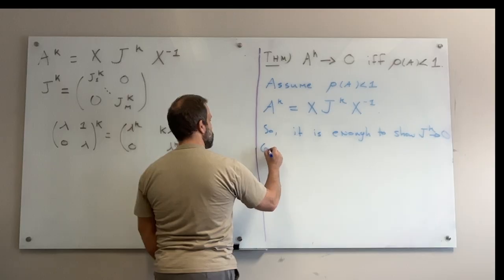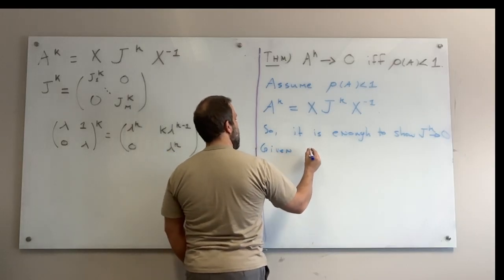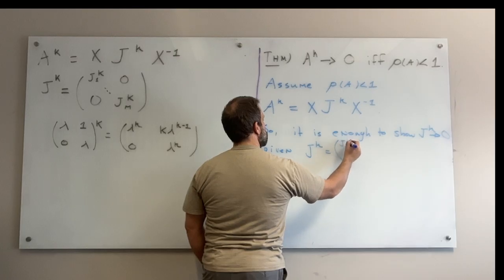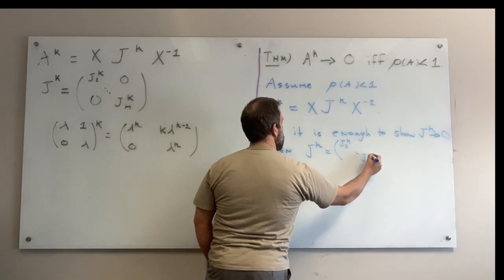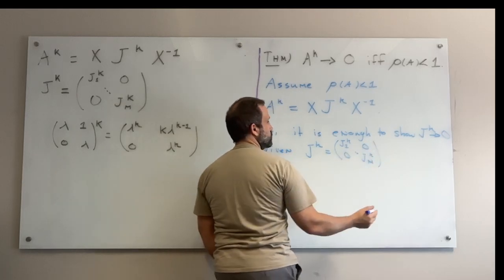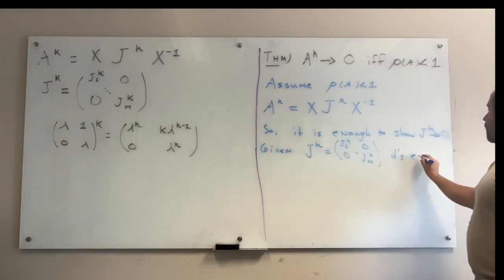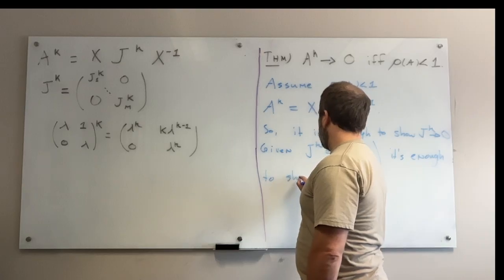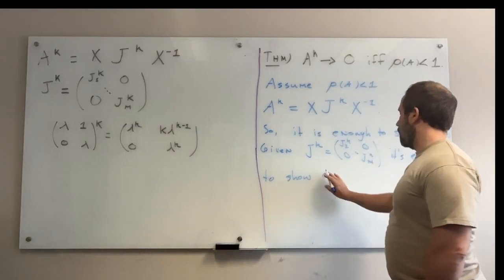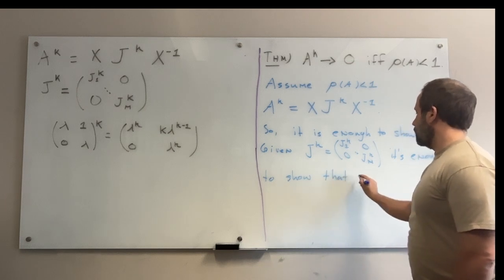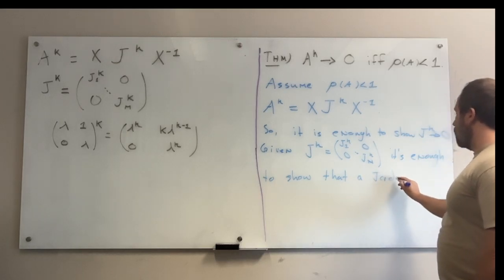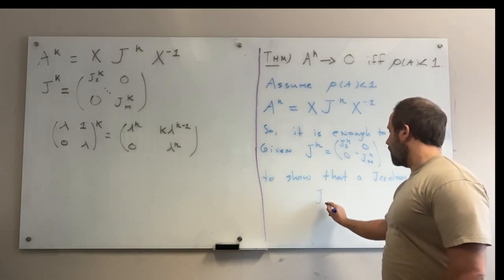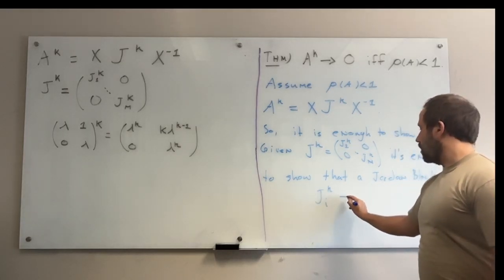But given that J to the power of k is just equal to J1 to the power of k all the way down to Jm to the power of k and 0 everywhere else, it's enough to show that a Jordan block, if J is now a Jordan block, let's say Ji, take one of these Jordan blocks, goes to 0.